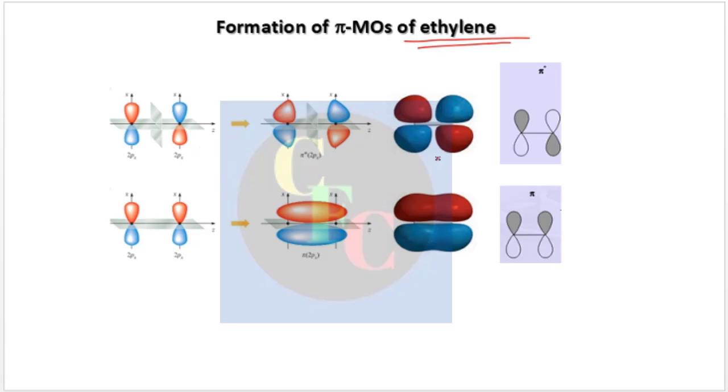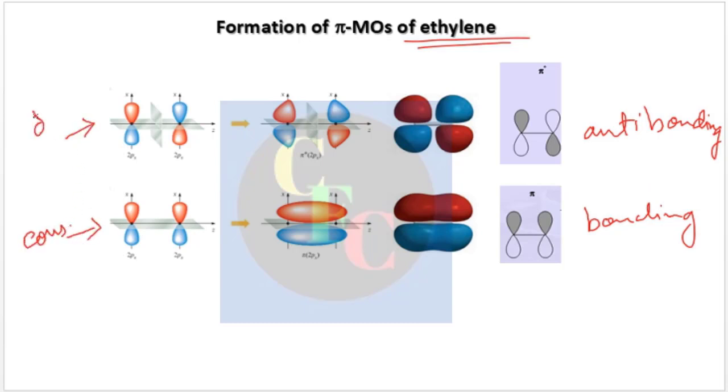If you draw the pi molecular orbitals of ethylene, you can combine them constructively and you get the bonding orbital. The other is the anti-bonding, which comes from destructive interference.